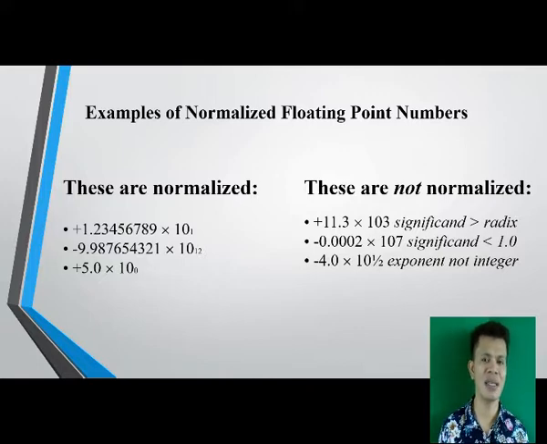That is the example of normalized, while on the other hand, negative 11.3 times 10 to the 3, positive 0.0002 times 10 to the 7, and positive 4.0 times 10 to the one half. These are not examples of normalized numbers.